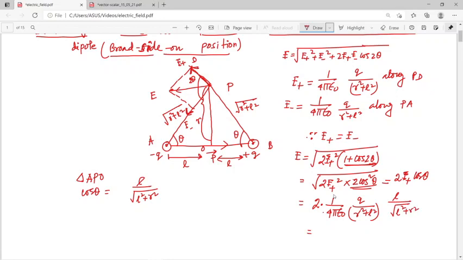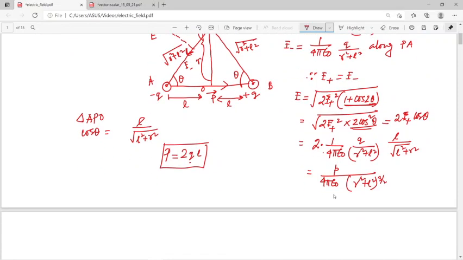If you solve it, the upper portion, that means 2QL, is P, because we know the dipole moment is the charge Q times the distance between the two, 2L. So you can write P, and the bottom is r square plus l square to the power 3 by 2.